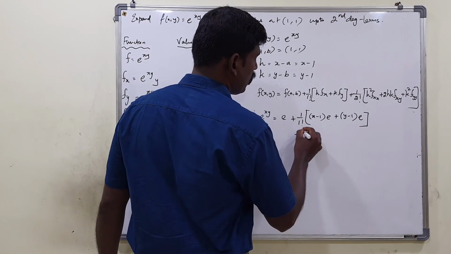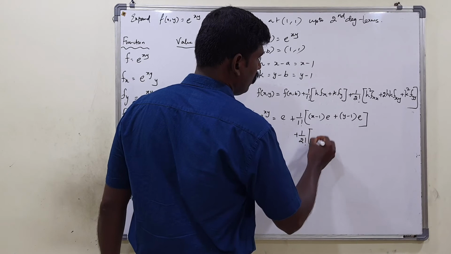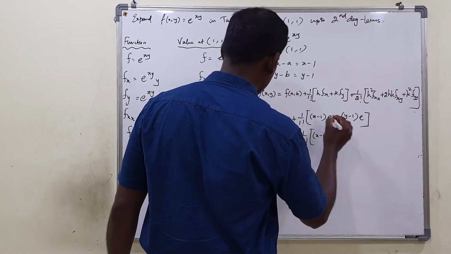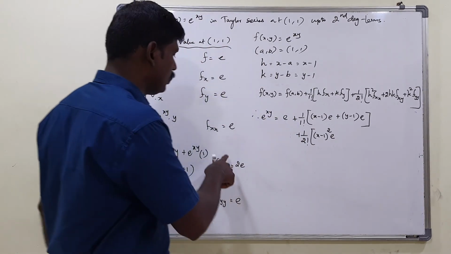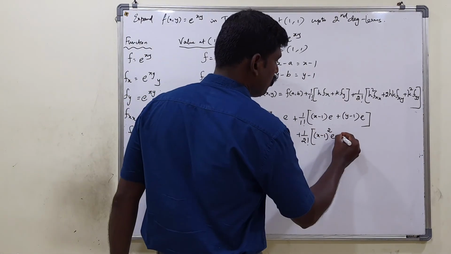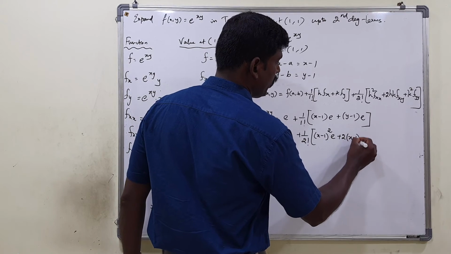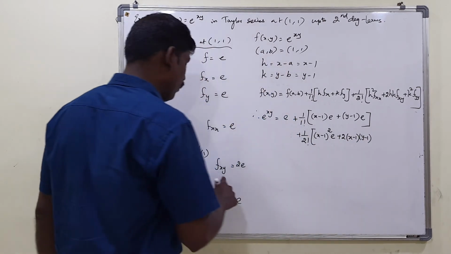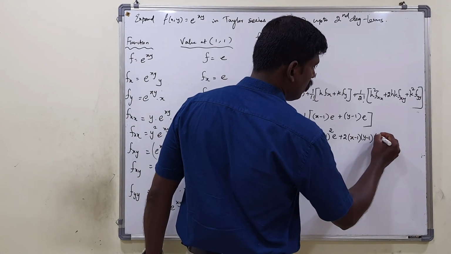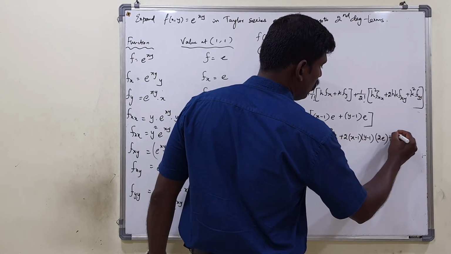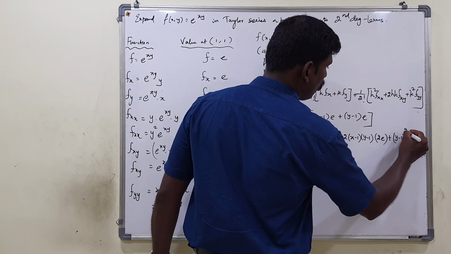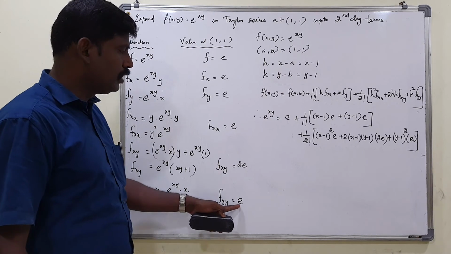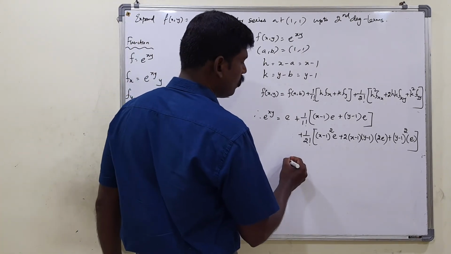Okay, plus 1 by 2 factorial into (x minus 1) the whole square into e, f double x is e, plus 2 into (x minus 1) into (y minus 1) into fxy is 2e, plus (y minus 1) the whole square into f double y, which is e.